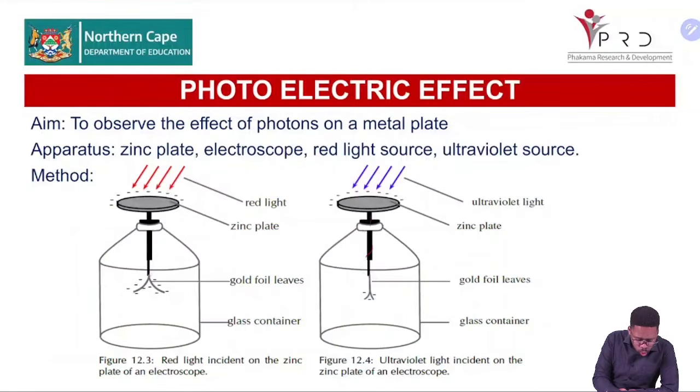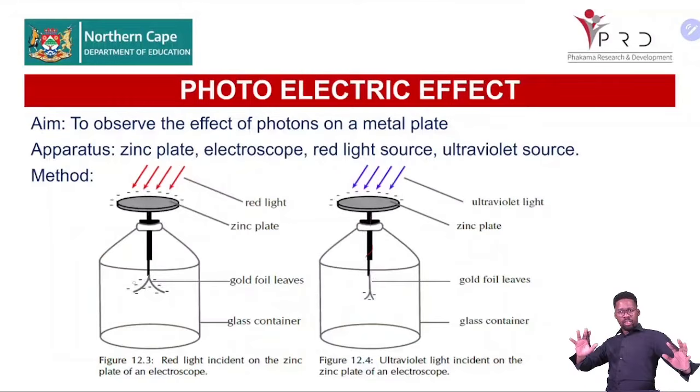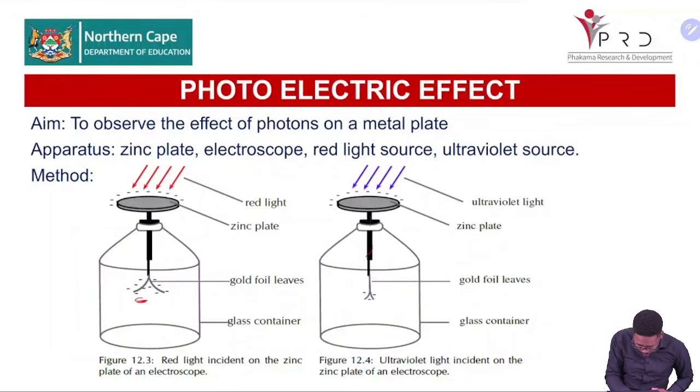These electrons will go to the gold leaf and make the gold leaf negatively charged. What does science say? Like charges, what do? They repel. So we'll start by observing the gold leaf moving further and further away from each other. So that's what was happening. The gold leaf, you can see the distance there. It was moving apart from each other.